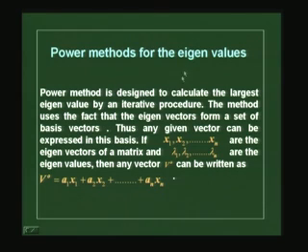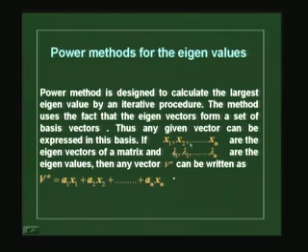So any arbitrary vector I can write as a linear combination of these vectors x1, x2, up to xn, with some coefficients. Remember, each of them are column vectors. This is a fact, and I can use this fact to construct the eigenvalues and eigenvectors.